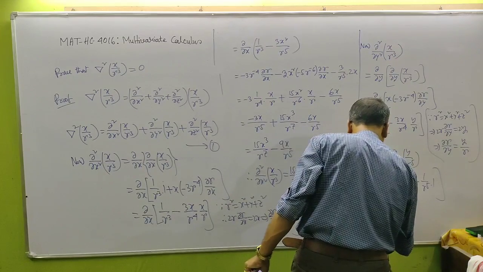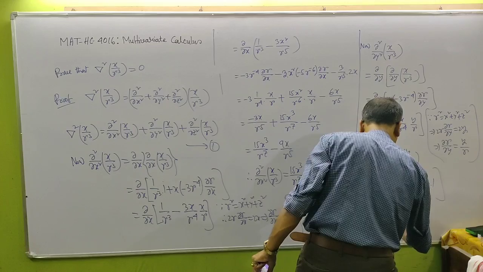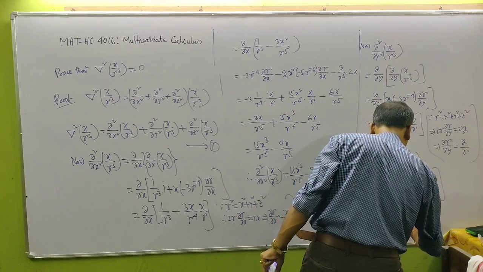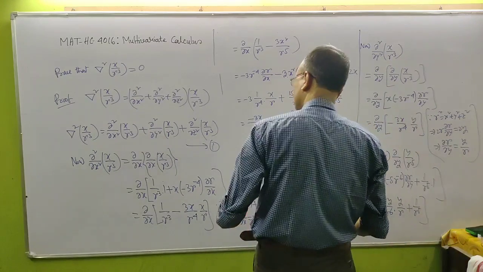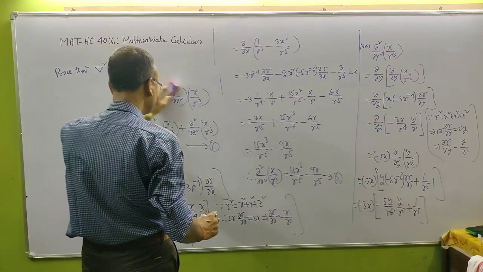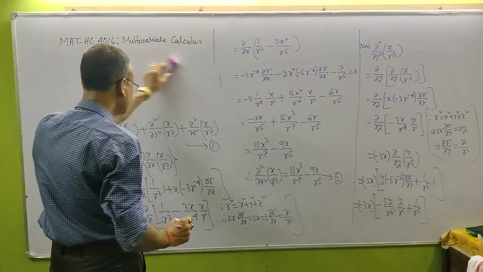This is equal to minus 3x times minus 5y by r to the power 6 into y by r, plus 1 by r to the power 5.